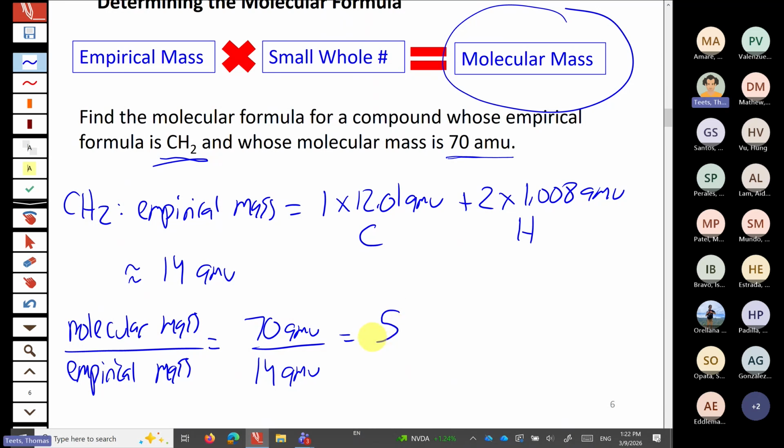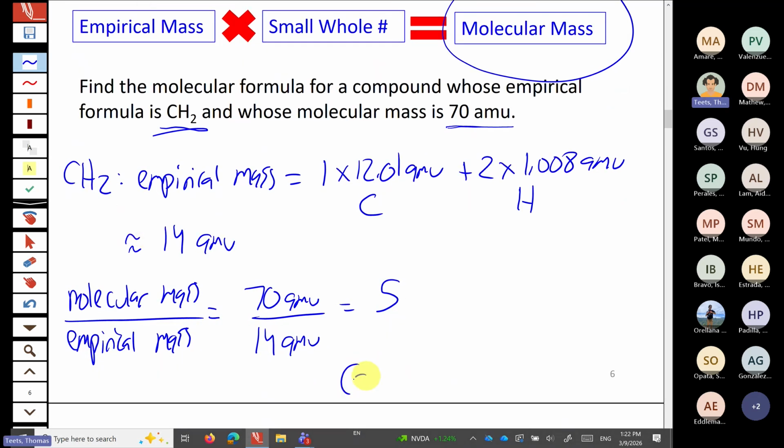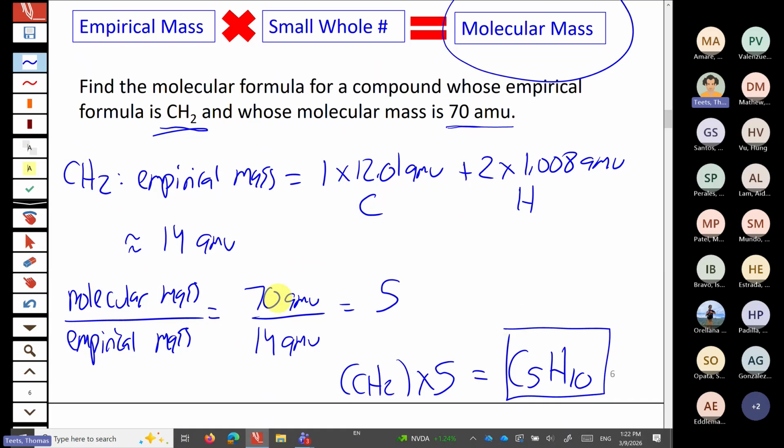So 70 divided by 14 is 5. So that tells us that our molecular formula in this case is the empirical formula CH2 multiplied by 5, which would be C5H10. Again, the molecular formula could be any multiple of CH2, but if we know the ratio of the molecular mass and the empirical mass, that tells us what multiple we should use.